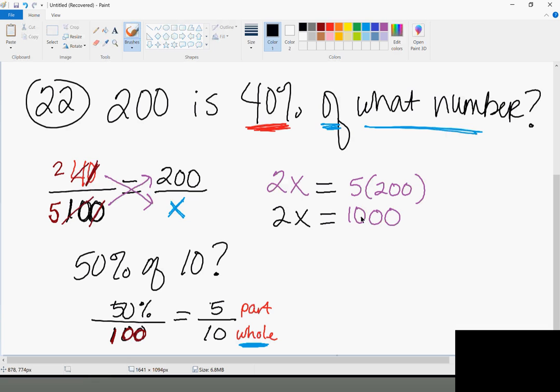So I have 2x equals 1,000. Now I'm going to solve for x by dividing by 2. So x equals 1,000 divided by 2, which is 500.